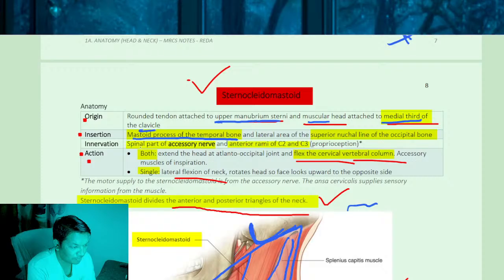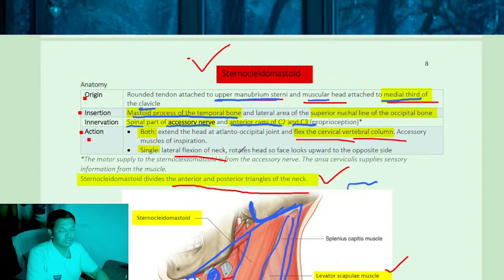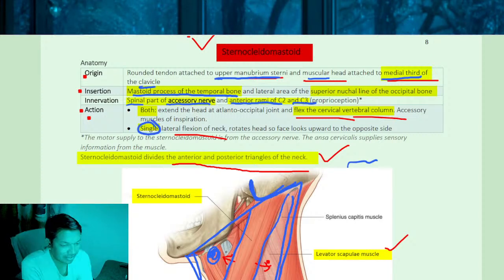Innervation is by the spinal part of the accessory nerve and anterior rami of C2 and C3, mainly the accessory nerve. As for action, when single, meaning only the right side acts, it causes lateral flexion of the neck and rotation, so the face looks upward to the opposite side.